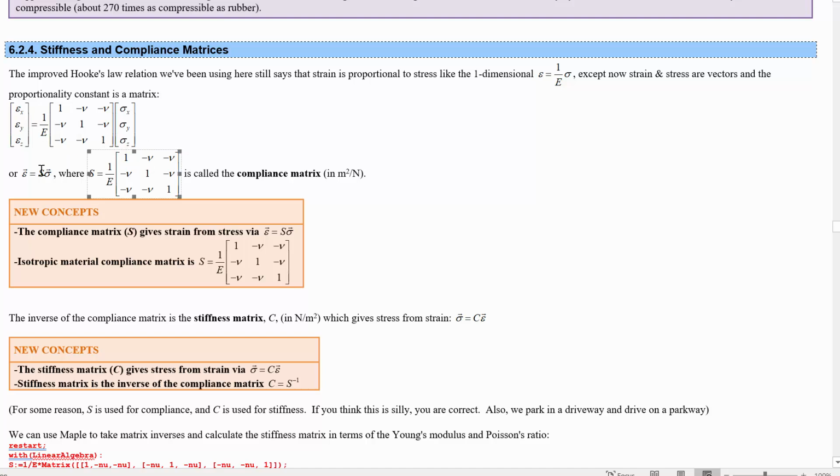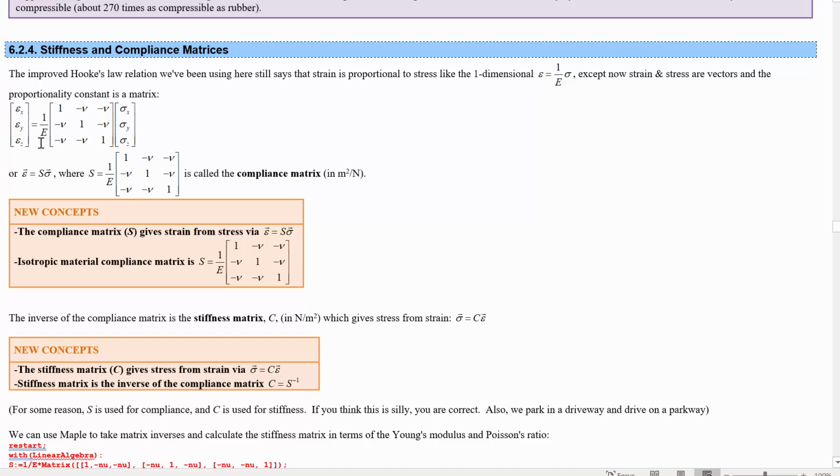Okay, so the matrix that relates the stress vector to the strain vector is called the compliance matrix. Why is it called the compliance matrix? Because the more compliant the material is, the more it's going to strain in response to a given stress.